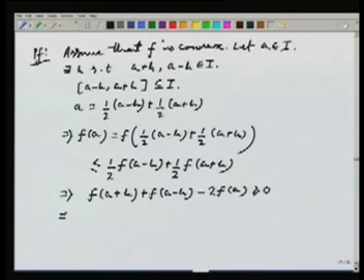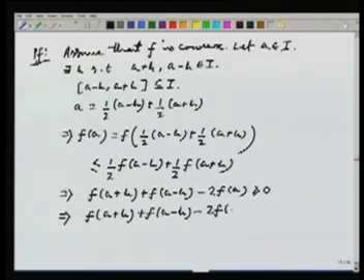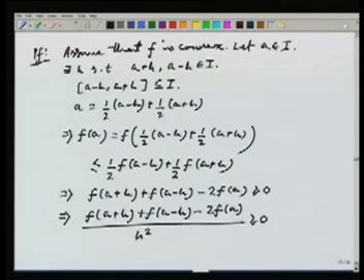Now this would then imply, if I divide by H square, which is anyway non-negative, that f of A plus H plus f of A minus H minus twice f A, divided by H square, is also bigger than or equals to 0, as H square is bigger than or equals to 0.